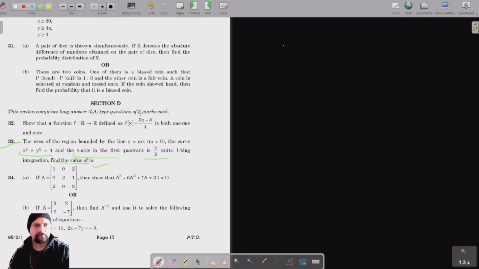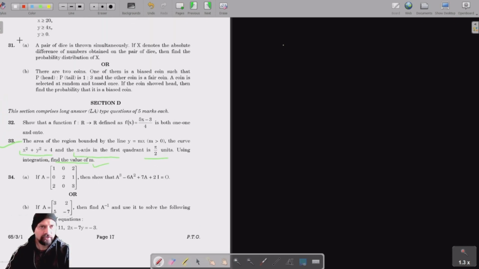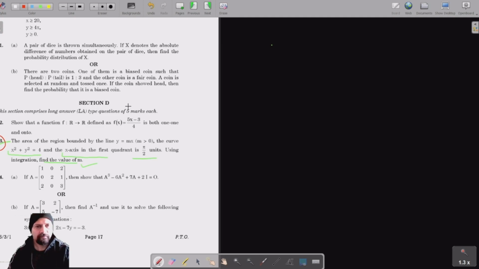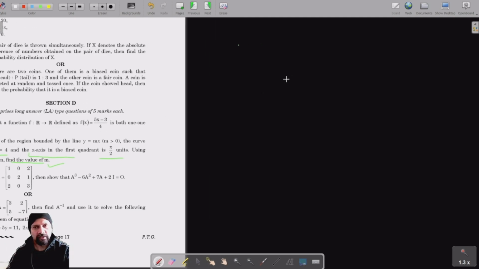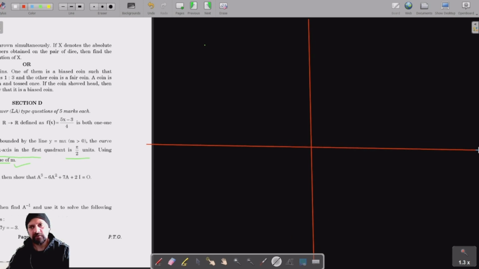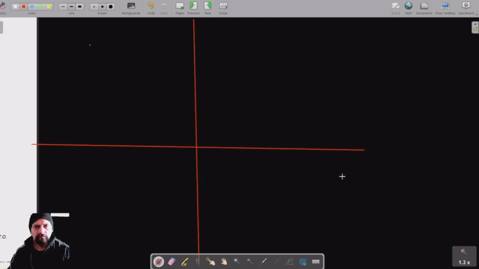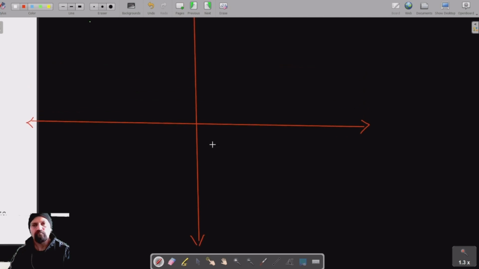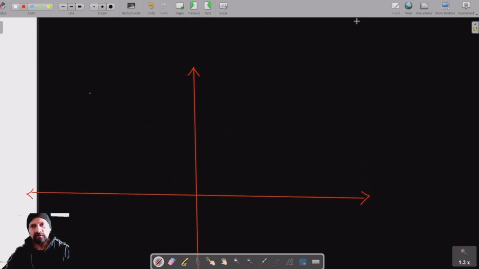So let's first of all try to sketch the graph of the region bounded by the line y is equal to mx. Let's say this is our y-axis and this is the x-axis. We have to stick to the first quadrant. Now it's given that the equation of the line is y is equal to mx.